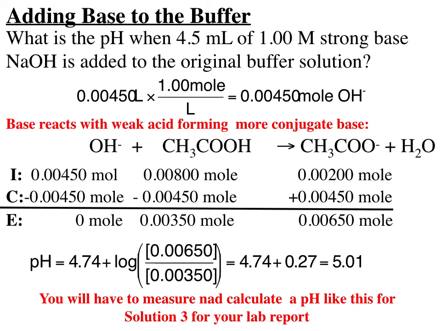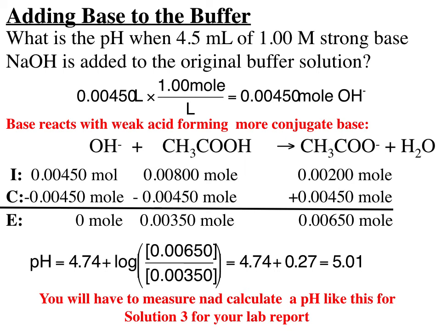So what will happen is that it will begin to deplete the weak acid as it reacts with it and steals protons from it. It'll form more conjugate base in the form of CH3COO minus as a result. So I will lose 0.0045 moles of the weak acid. I will gain 0.0045 moles of the conjugate base from the starting values.